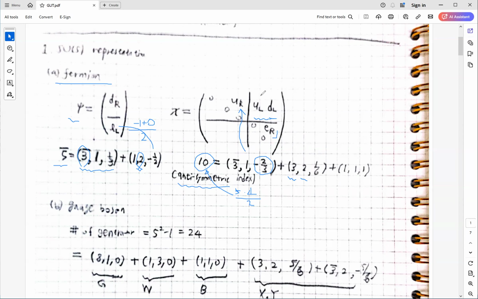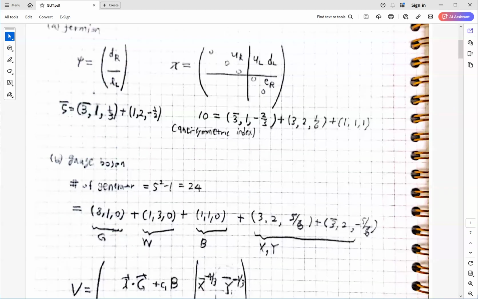The charges for the up quark are 2/3, and the down quark is -1/3, so the average of this is 1/6. The right-handed electron becomes a singlet for SU(3) and SU(2), and the hypercharge is given by 1. So we use this 5 bar and the 10 representation for the fermions.